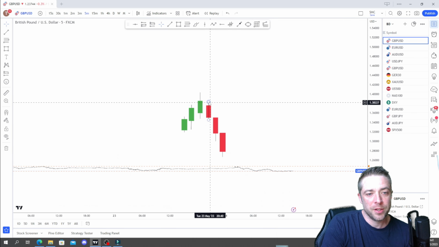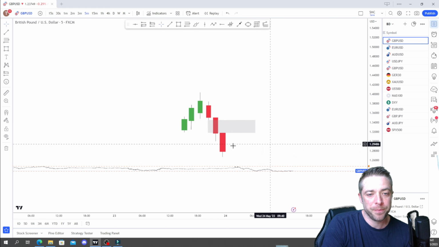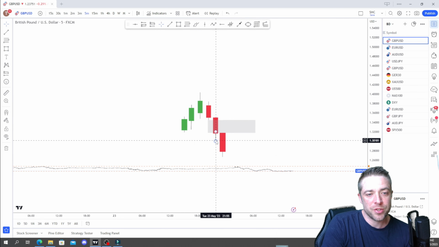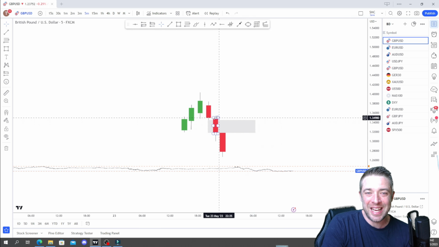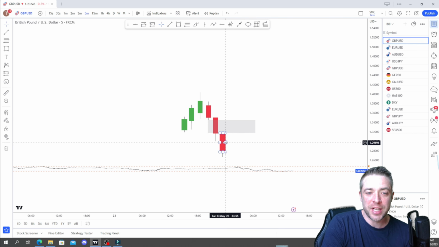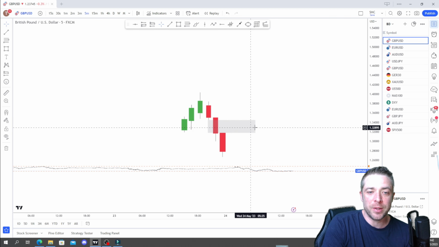So you've got price coming down, coming down, coming down, and you will notice within this there is an area where there's been no buying. Sold off, sold off, sold off. We've got an inefficiency here. There's been a lot of selling pressure, but there's no buyers to balance the market. And this is a fair value gap.